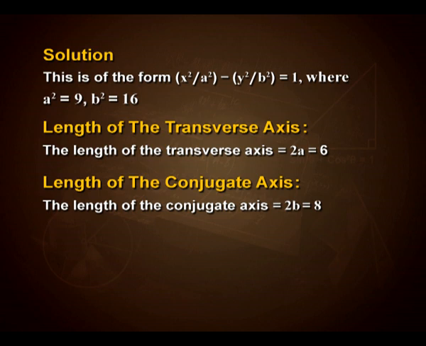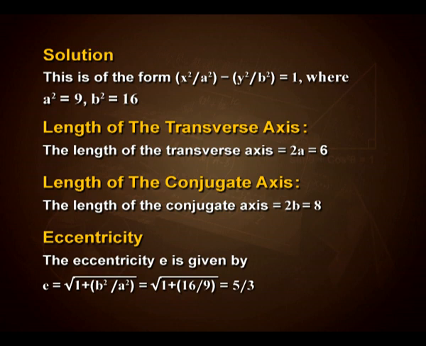Similarly, the length of the conjugate axis is 2b, that is equal to 8. Eccentricity e is given by square root of 1 plus b square upon a square, that is square root of 1 plus 16 upon 9, which on simplification gives us 5 upon 3.